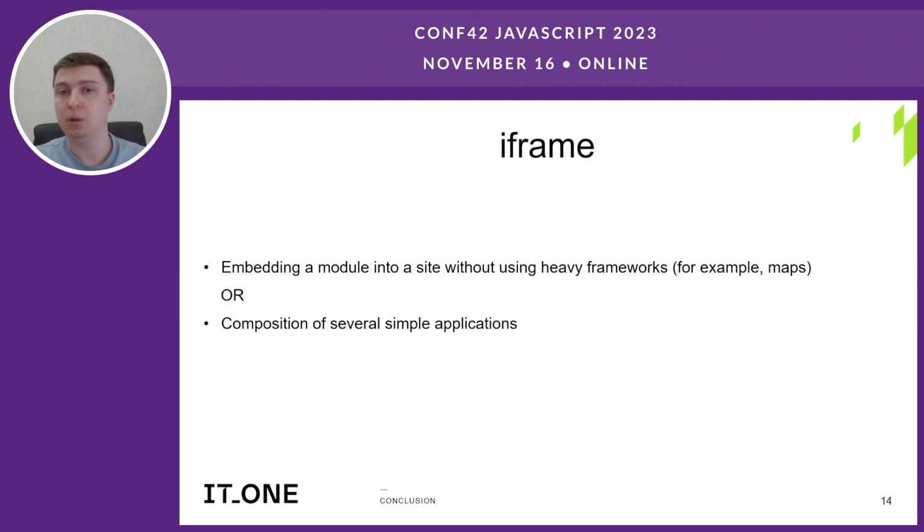For example, to embed a map module on your landing page, or a composition of several simple applications. For example, you have an independent sidebar with several links, and you can use just an iframe tag to embed it in your application, even if your application is really complex.